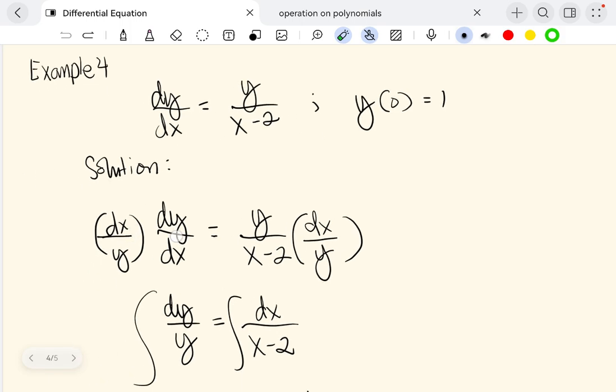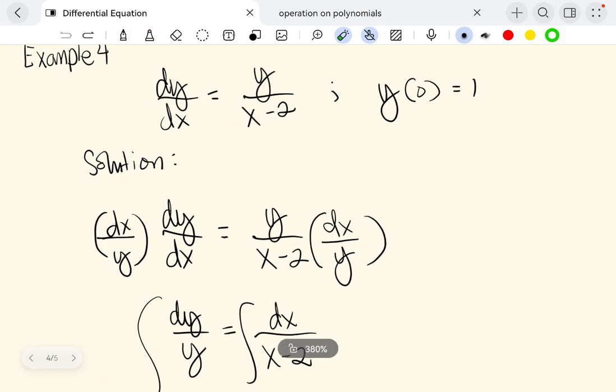So, example 4, dy over dx is equal to y over x minus 2. For the initial condition, x is equal to 0 and y is equal to 1. So here, you can see we need again to separate variables, or it is separable.